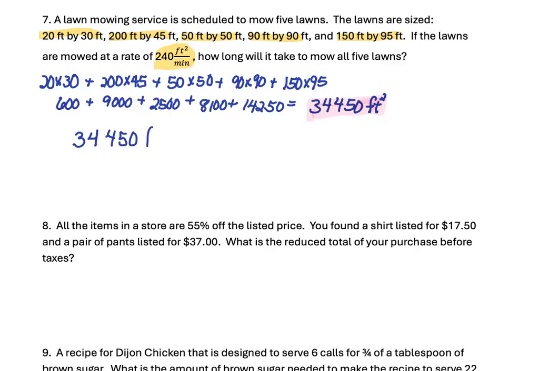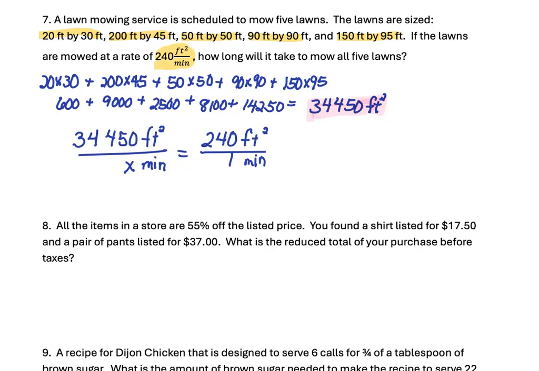And we can treat this like a proportion to how long? Well, we don't know, as it takes us to mow 240 feet squared in 1 minute. So it's kind of like we're writing two ratios here. And we're setting them equal, so that's a proportion.